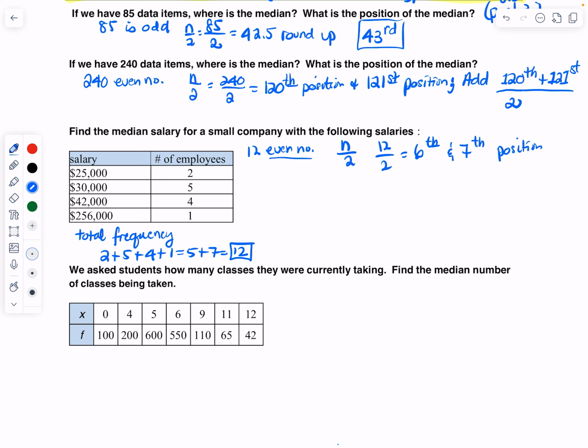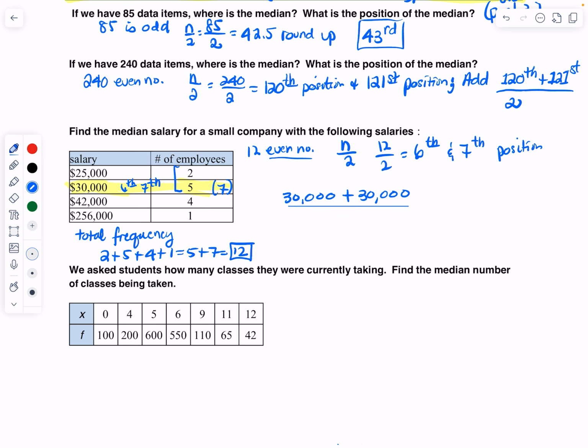So let's find out where that is. I start out with 2, and then 2 plus 5 is 7. The 6th and 7th positions fall in this bracket here. So the 6th position is 30,000, and the 7th position number is also 30,000.